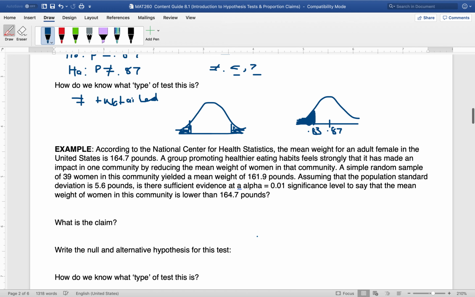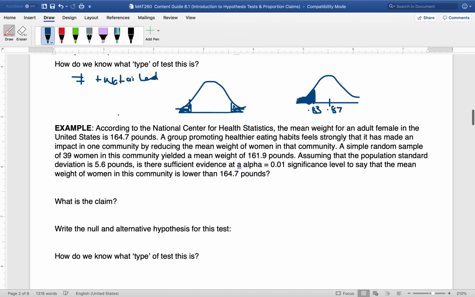So we're going to do another example here. According to the National Center of Health Statistics, the mean weight for an adult female in the US is 164.7 pounds. And a group promoting healthier eating habits says that they made an impact on their community by reducing the mean weight.